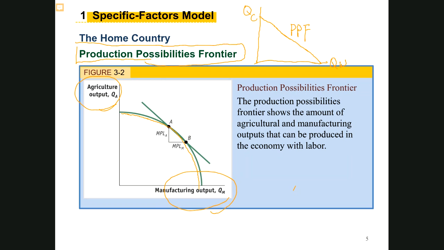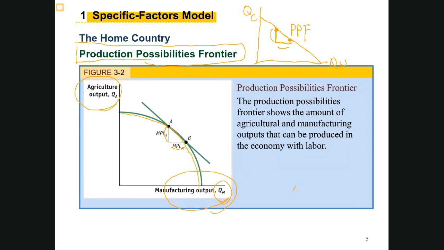Okay, so what does the small triangle represent? This is probably hard to recognize in the beginning, but if you go back to the PPF in the Ricardian model, what does this small triangle represent? It's the opportunity cost of this good, right?